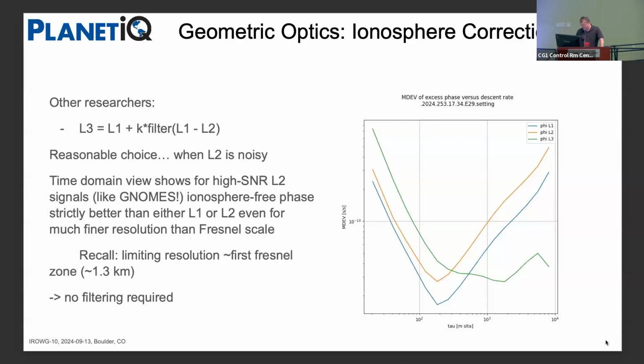When looking at this graphic, recall that the limiting resolution for geometric optics is typically the first Fresnel zone at about 1.3 kilometers. So that's out here. Here we're showing a case where we've just performed basic phase combination to form the L3 linear combination. We're showing that in the modified element deviation.